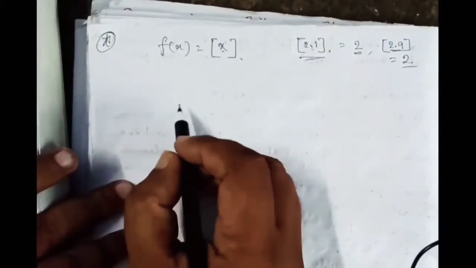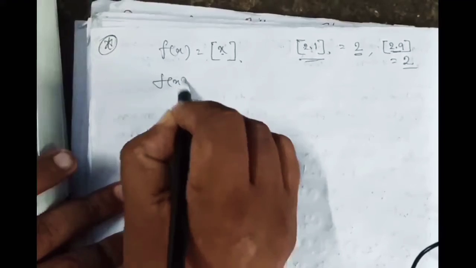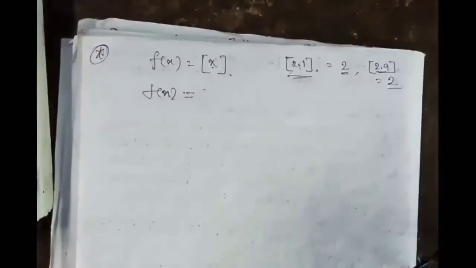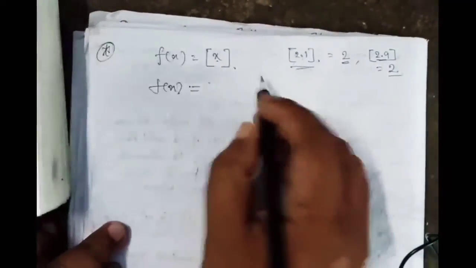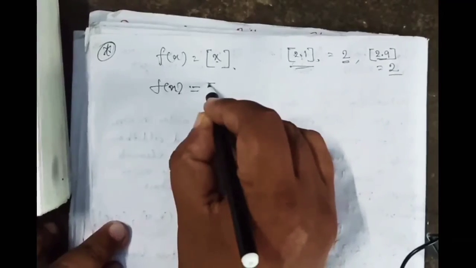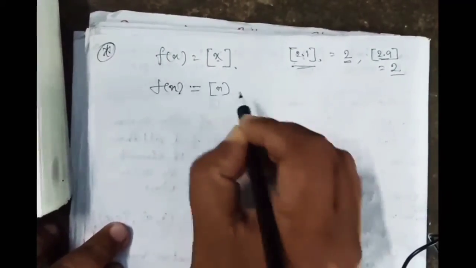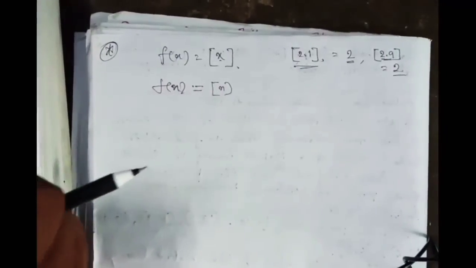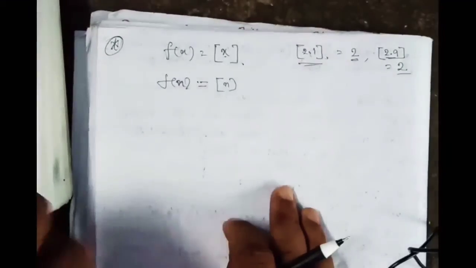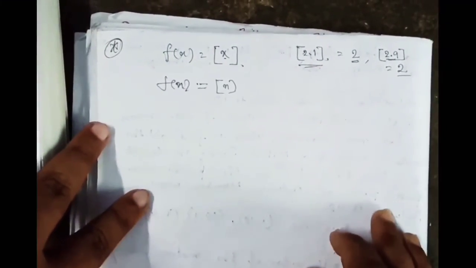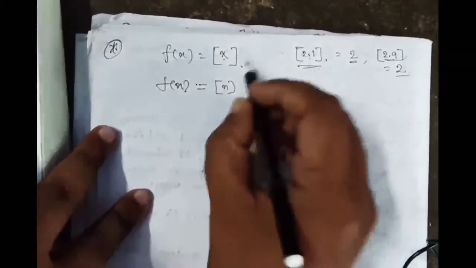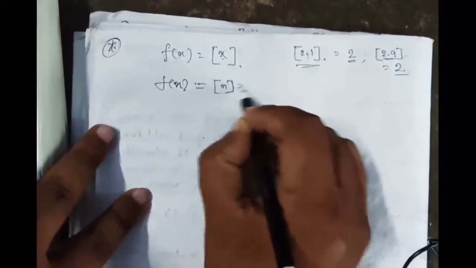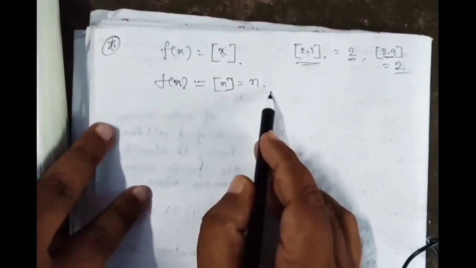So, here we have f(n). It is given that f(n) is equal to box n. Okay, box n, that means box n can be written as n.